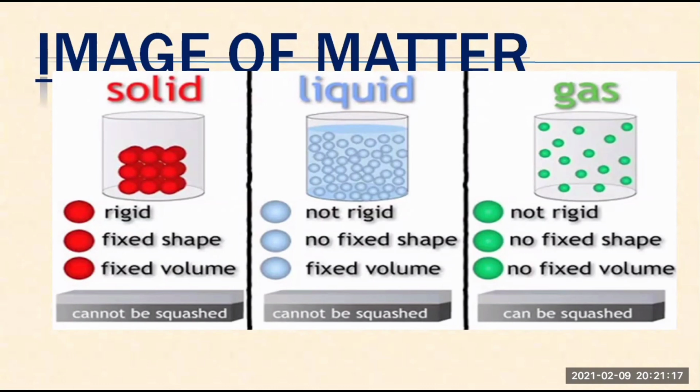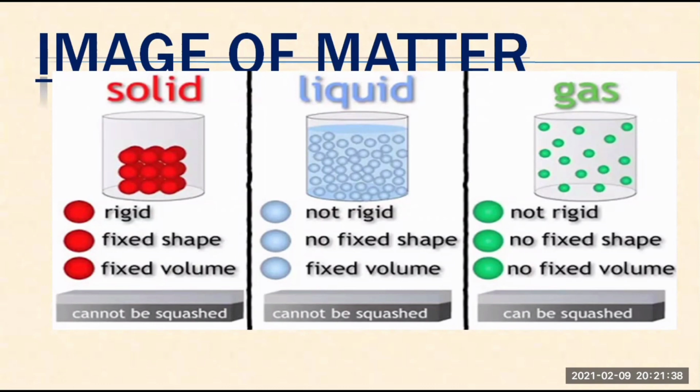It has no particular shape, because if we keep it in any kind of container, it takes the container's shape. It has no fixed volume. So you know all the things about solid and liquid.